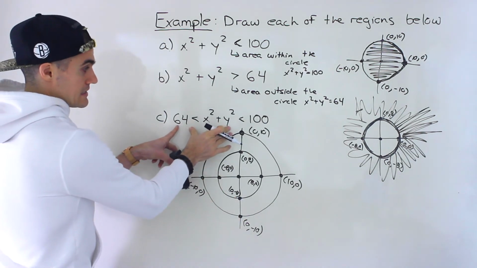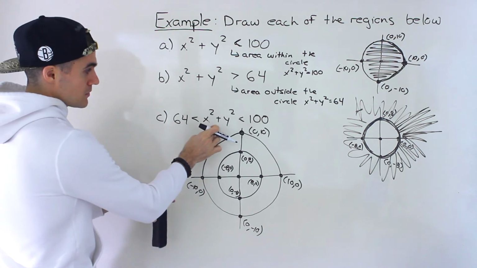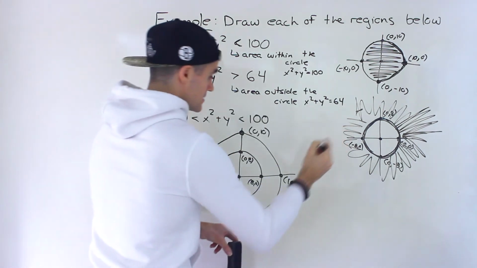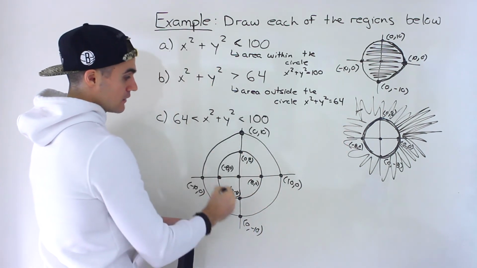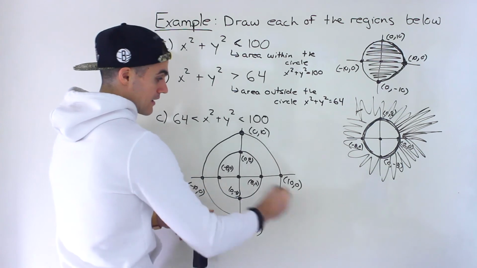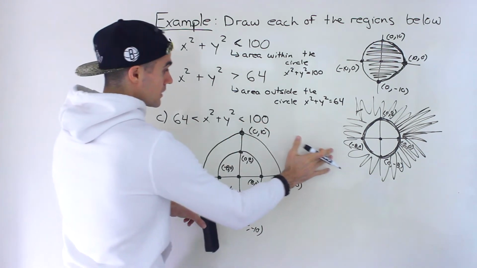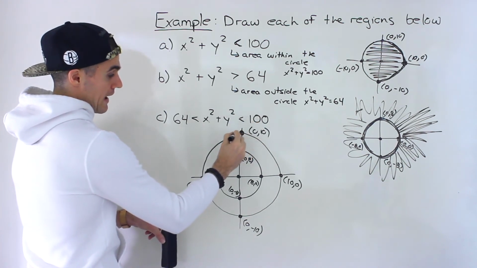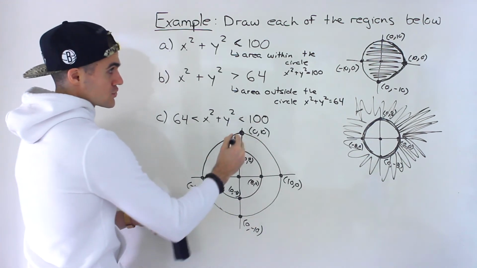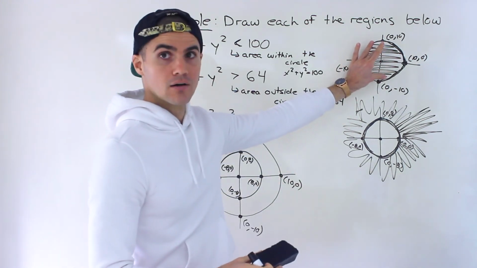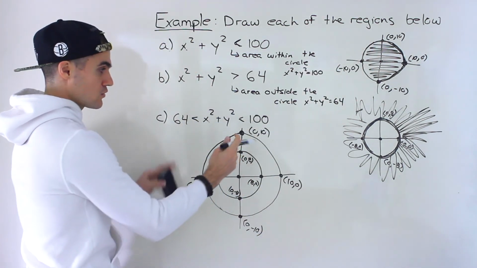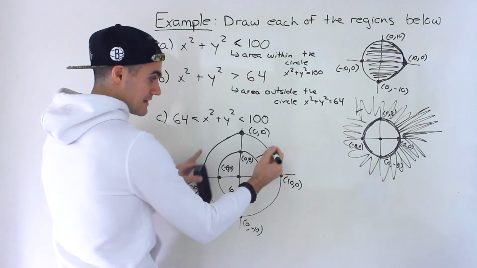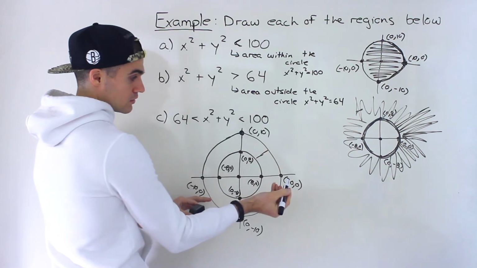So the way this is going to look, x squared plus y squared has to be greater than 64. So we know that that is basically the area outside of the smaller circle. So it's all of this area here if we just look at that individually. But then x squared plus y squared is less than 100. We know that if we look at that larger circle, it's going to be this area within that larger circle. And so if we combine the two, it has to be the area outside of the smaller circle, but then the area within the larger one.